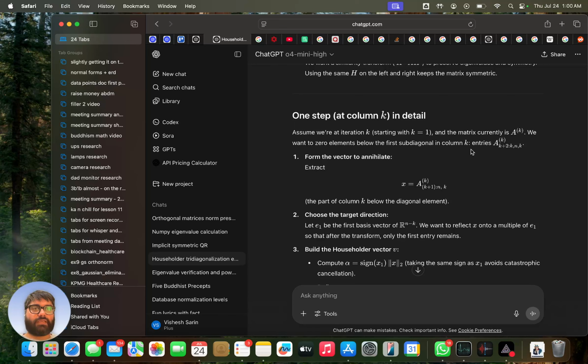In column K, entries from K plus 2 through n. I don't understand why it says n comma k again. That doesn't make sense. The n makes sense. Oh, K plus 1 through n.